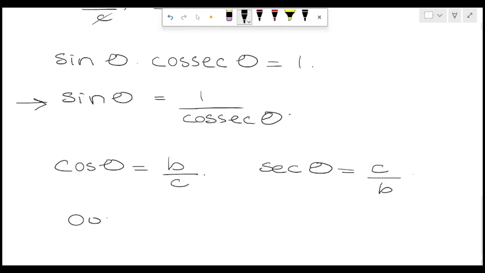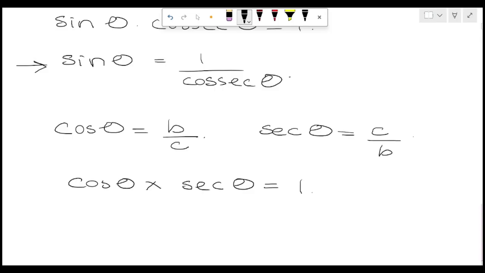So if cos theta is multiplied with sec theta, that will be equal to 1. But how? So let's place the values. We can write b over c cross the value of sec theta, which is c over b. Now the b and c get cancelled and that results in 1.